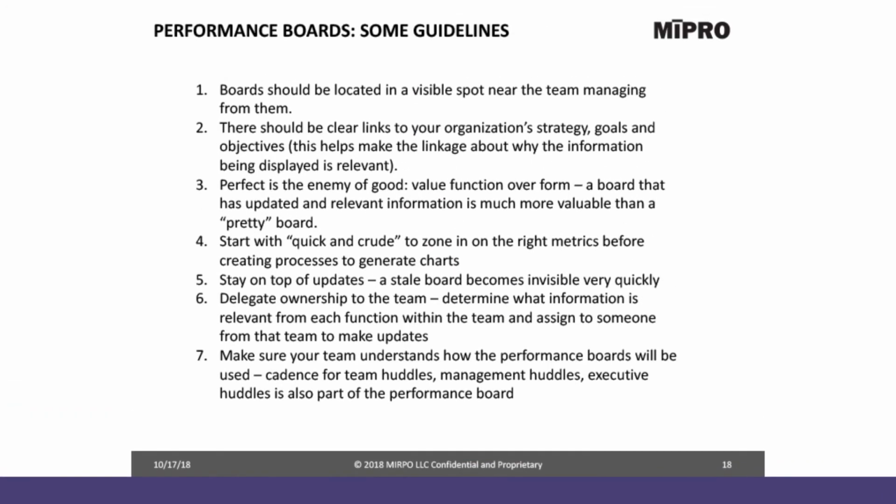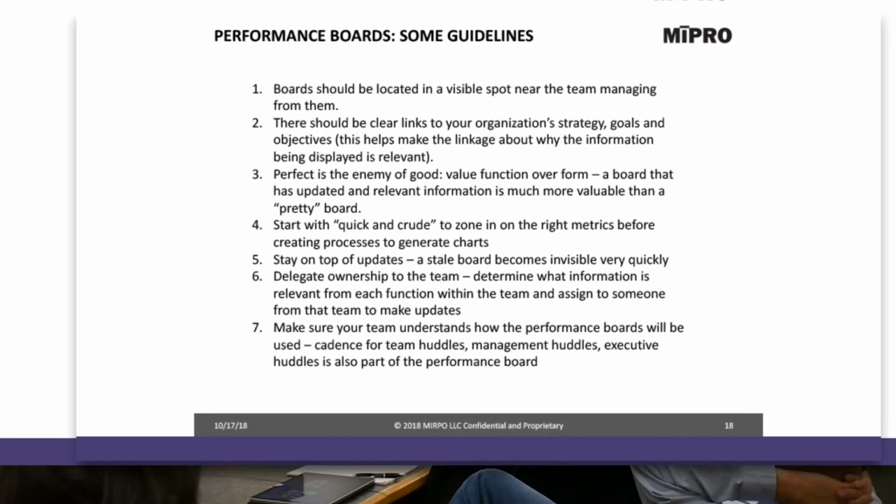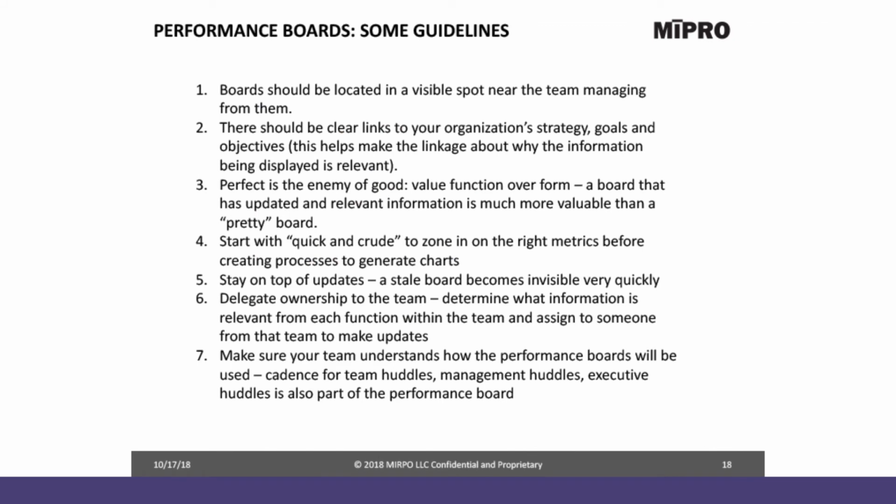There are also some guidelines here that you can look at. Located in a visible spot, not locked in a room somewhere, so people should be able to get at it and put ideas on it anytime they want. Clear links to your strategy. This is the KPI piece that you're working on and the dashboard.